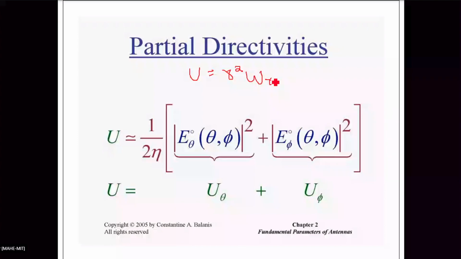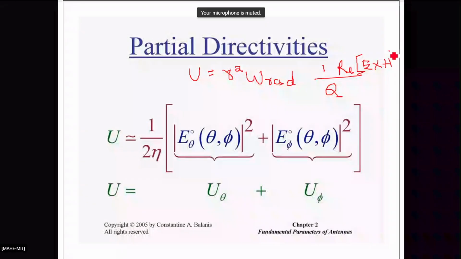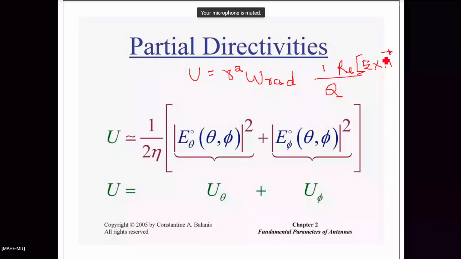I hope all of you remember this. U is equal to R squared into W rad. Now what is W rad? Half into the real part of E cross H star.